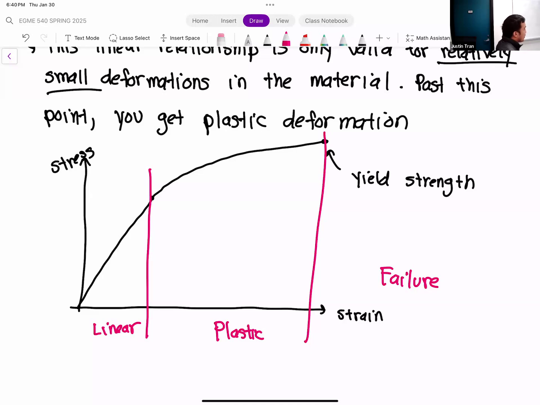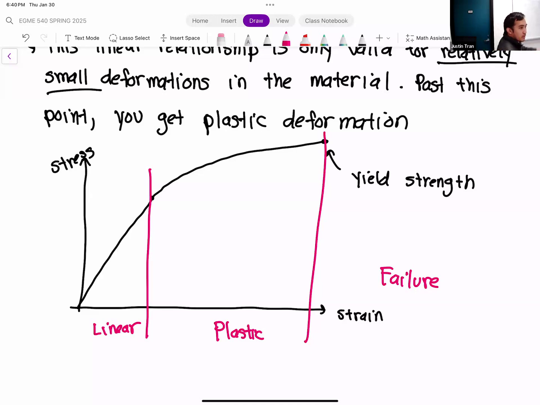You can try this with your activity too. Apply a load that's maybe 100 times greater than what you had, and you're going to see that the part deforms by 100 times too, even if it doesn't make any sense. You may have a part that's only 10 inches long, but as you keep applying increasing loads, you may get a deformation of 100 inches, which makes no sense at all. So you want to be careful.